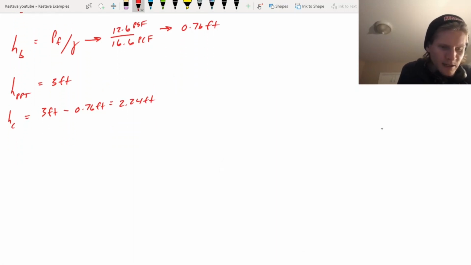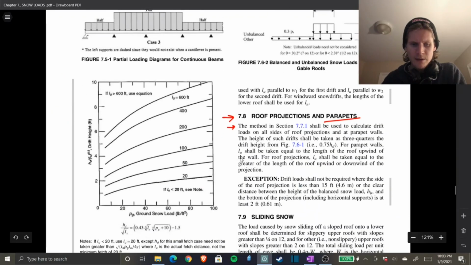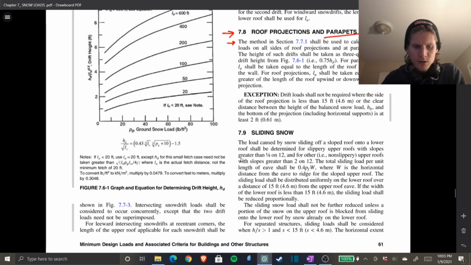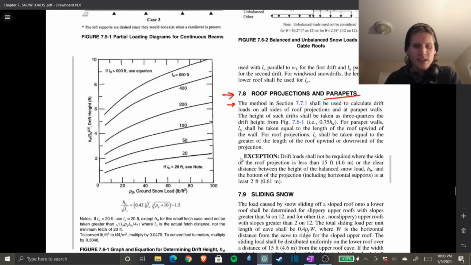And next, we need to find H sub D. So this is the drift height. And H sub D is the one that requires a little bit of finesse here. Now, there's 2 ways to go about solving H sub D, and I'm going to take you over there now. If we scroll back up here, you will see section 7.7 will lead us to this figure right here.